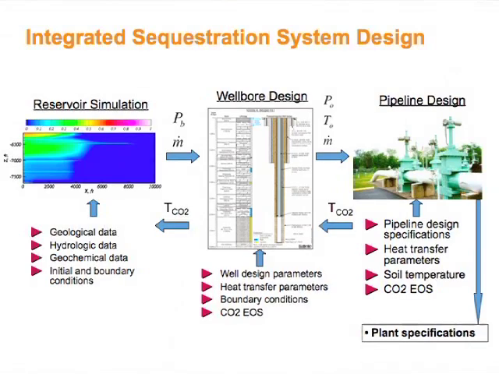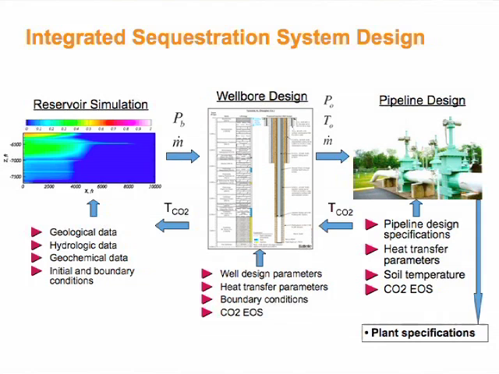In terms of sequestration system design, this is a part where our engineers get involved in great detail, because we want to link the properties of our reservoir. We want to inject CO2 at some pressure and mass flow rate.